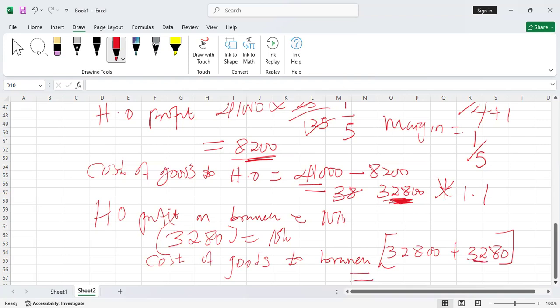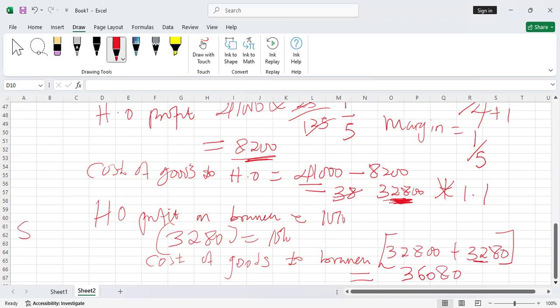So these goods will cost the branch 32,800 plus 3,280, which is 36,080.